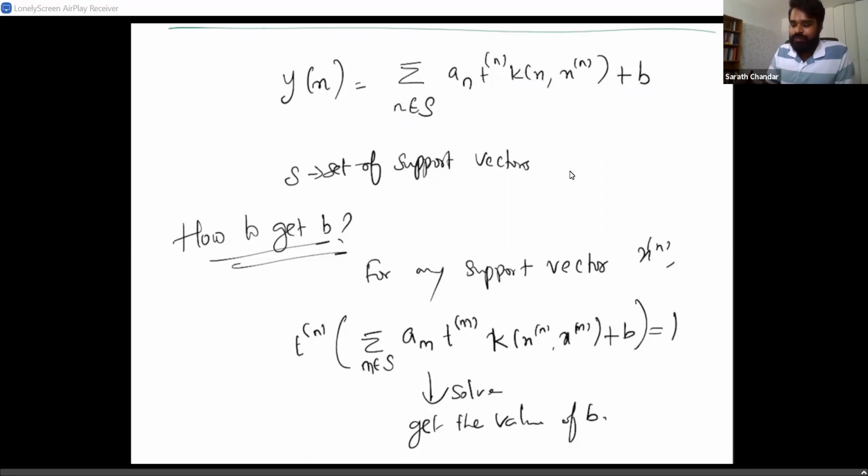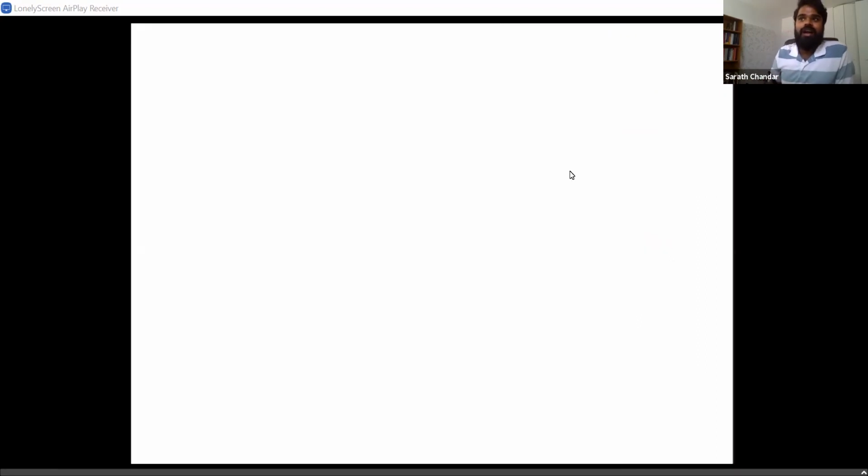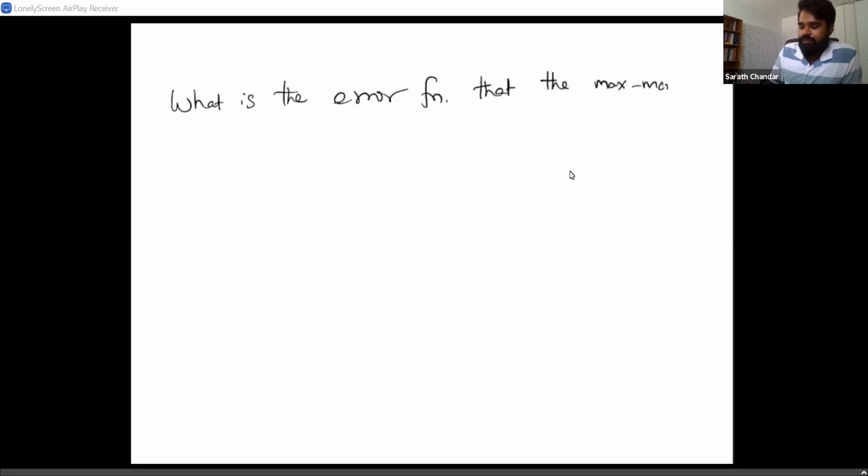Now we are going to take a step back and try to understand what is the error function that this max margin classifier is trying to minimize. I'm going to directly write the error function here, and then I will explain why that is the case.